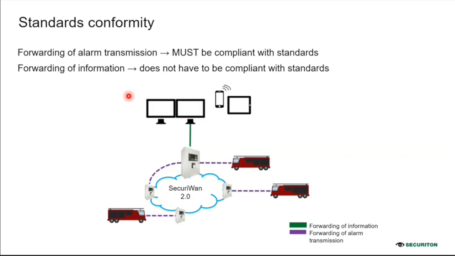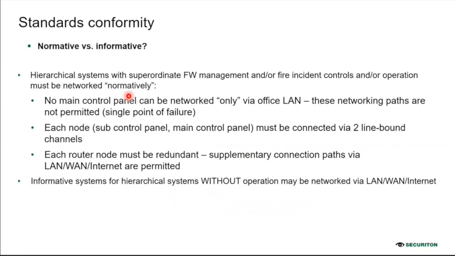That is important to know because in many countries it is compulsory. I explained the differences between normative and informative already: we need to have a redundancy. Informative has the same information functionality as the normative, but without the redundancy.